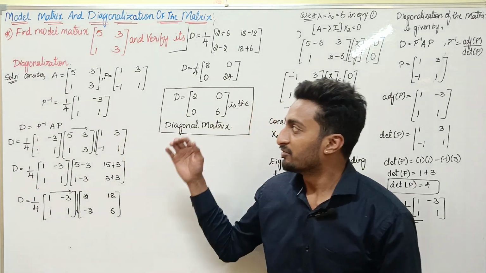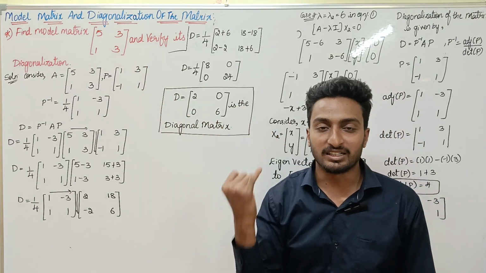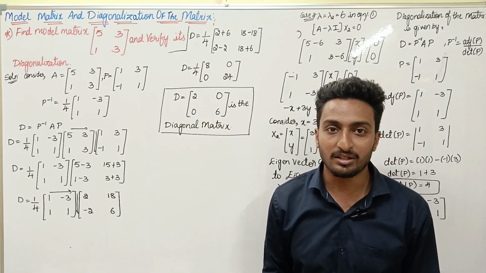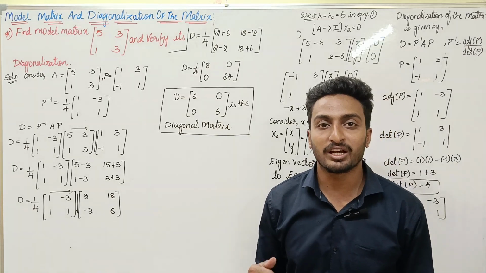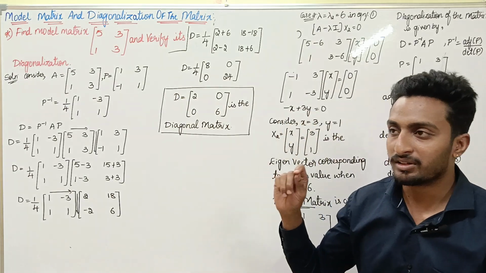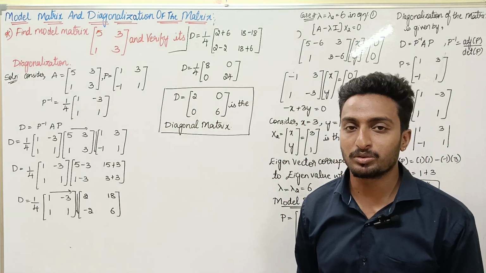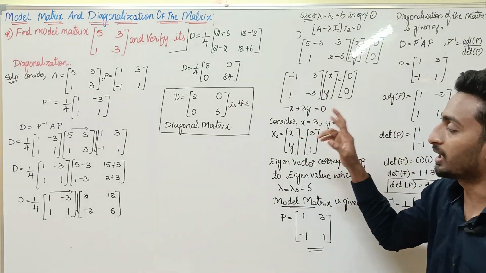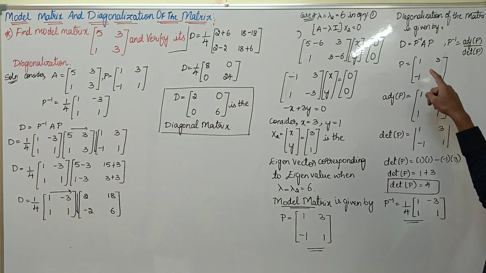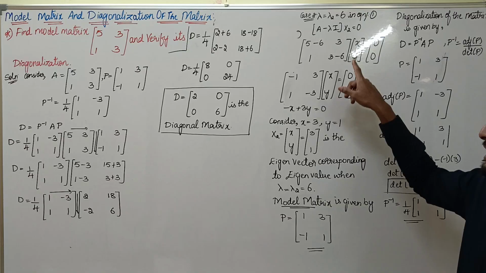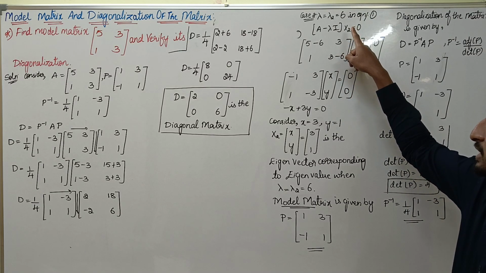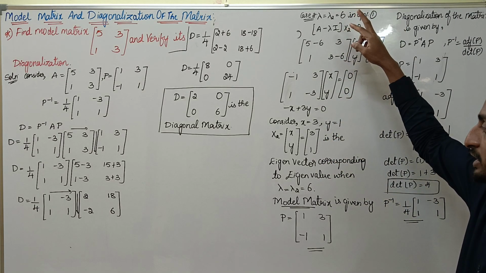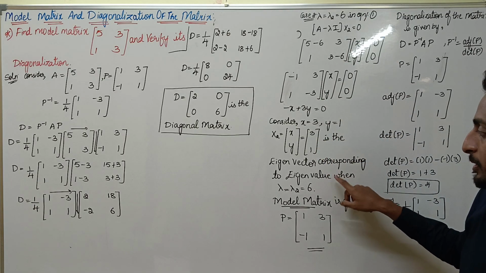How to simplify? First, consider the matrix and find the characteristic equation. From the characteristic equation, you will get the eigenvalues. Corresponding to these eigenvalues, we find the eigenvectors, that is lambda 1 equal to 2 and lambda 2 equal to 6. For lambda 1 equal to 2, the eigenvector was 1 and minus 1, and for the eigenvalue 6, we got 3 and 1 as the eigenvector.